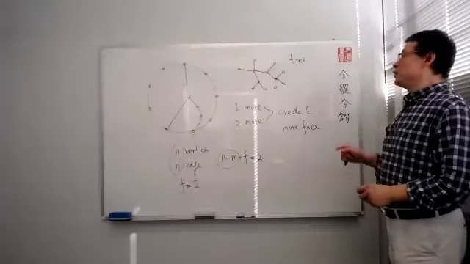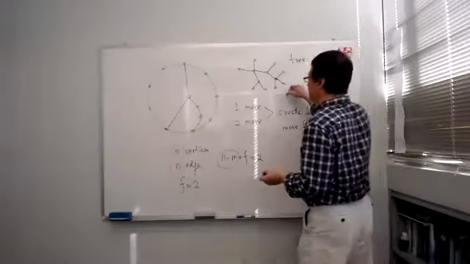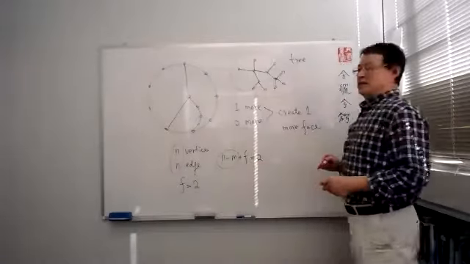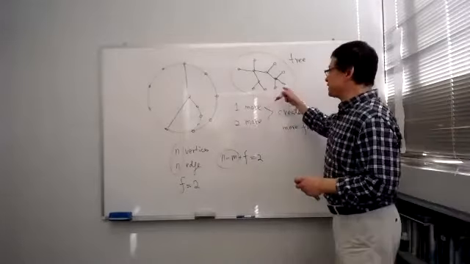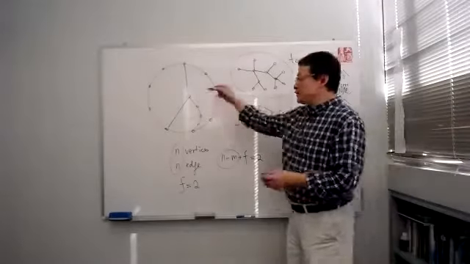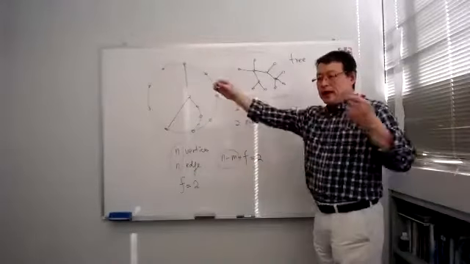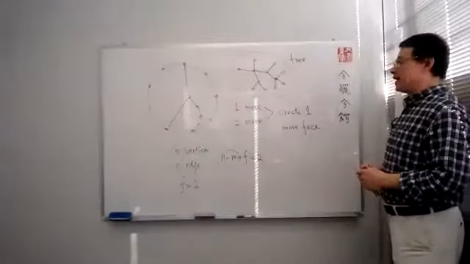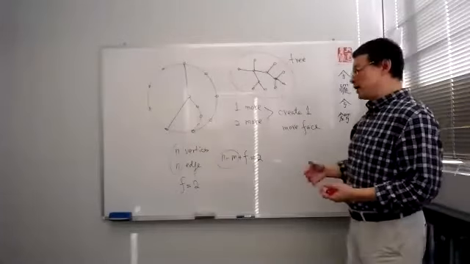But indeed, we can always start our induction with a tree as a base. If you don't want a cycle, then we can always start with this one, because even if it is a cycle, if we delete an edge from the cycle, we get a tree. It's a path, which is a tree. So another idea is just to start with a tree. So for a tree, what do we have?